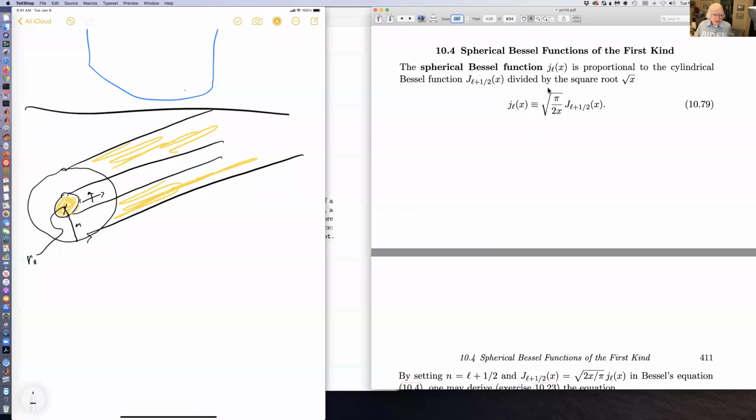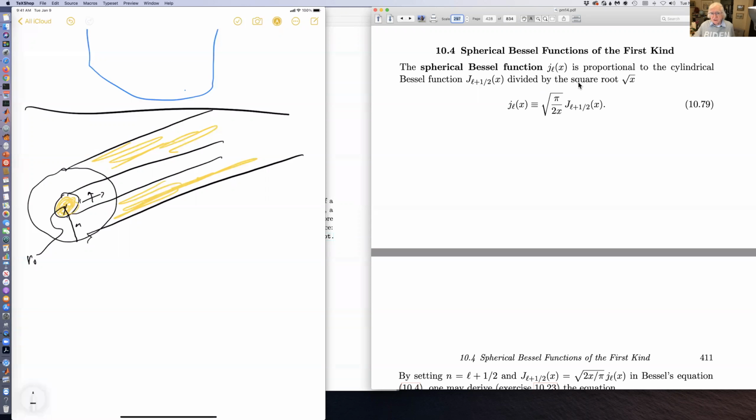The spherical Bessel functions of the first kind, well, as I said to you many times, are much nicer functions, and the reason is that they occur in systems that have spherical symmetry, and so they're simpler functions.